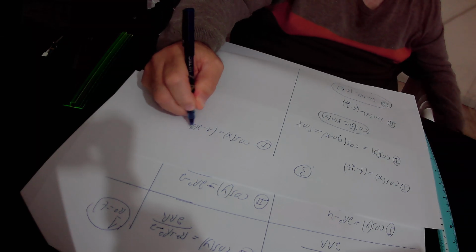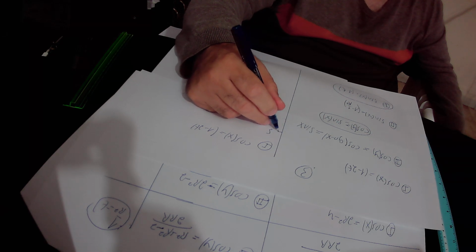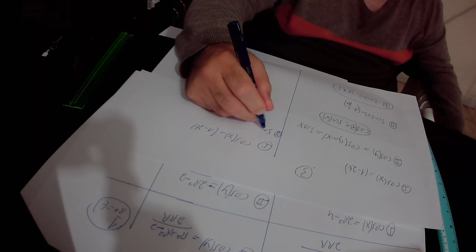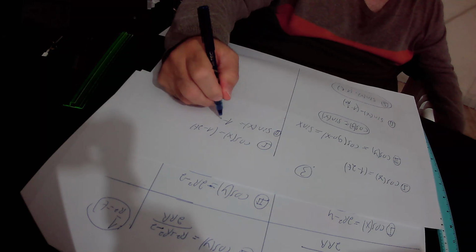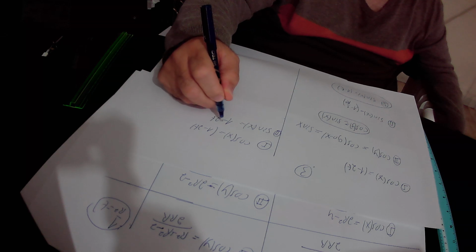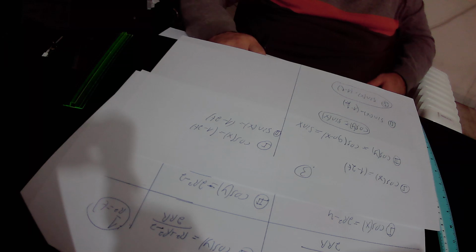Again, according to equation number 1, cosine x equals 1 minus 2t, and according to equation number 2, sine x equals 1 minus t. Okay, so we have here expressions for cosine x and for sine x.